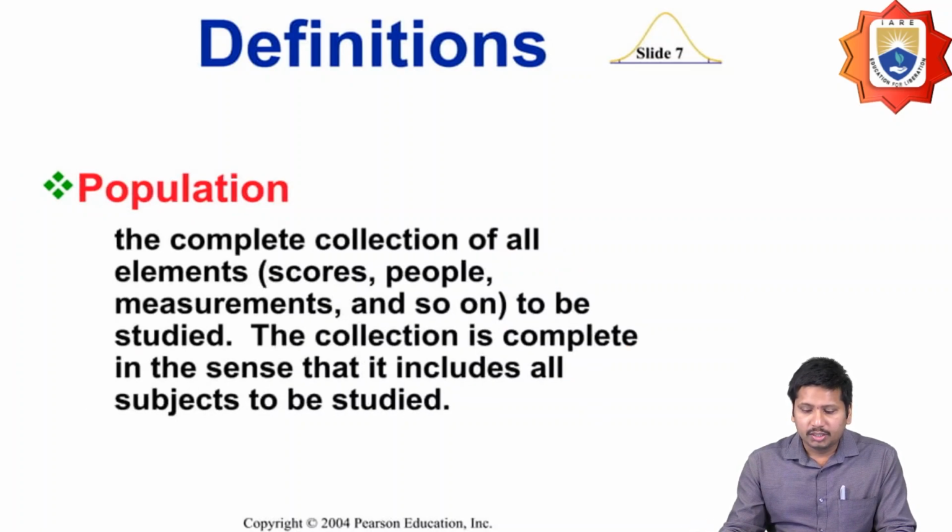Next, in statistics we see the term called population. The population is a collection of all elements, like scores, people, measurements, and so on, to be studied. The collection is complete in the sense that it includes all the subjects to be studied.